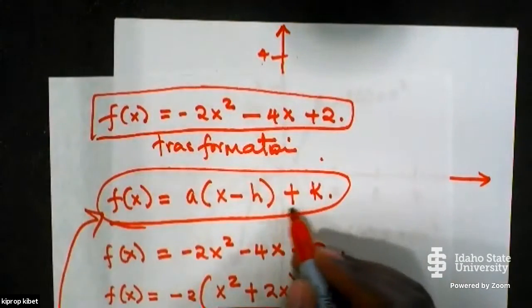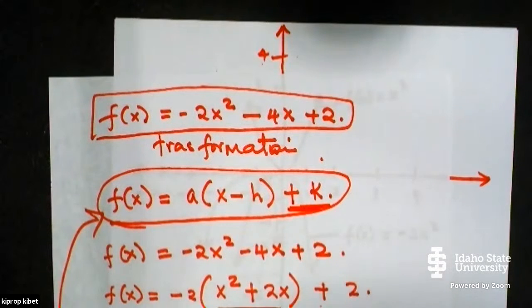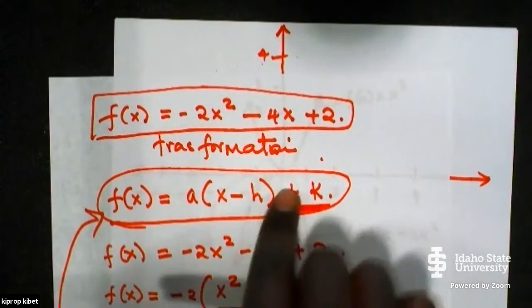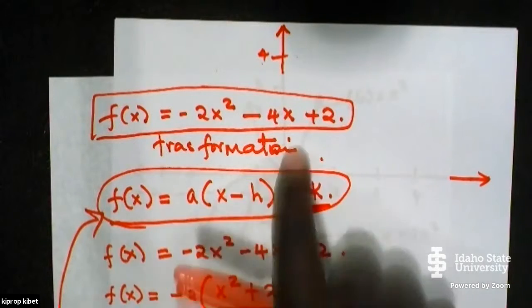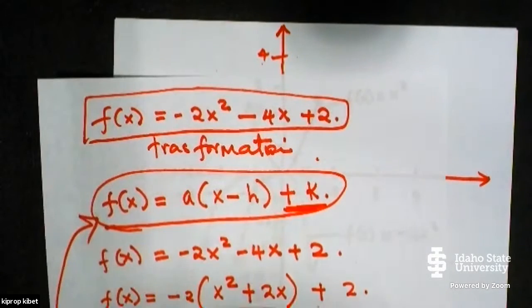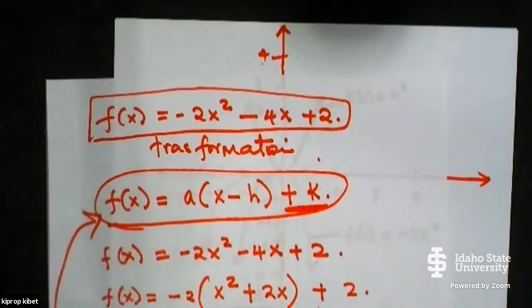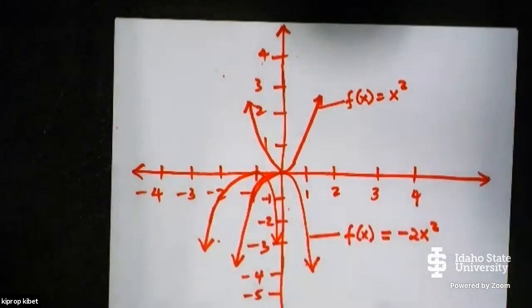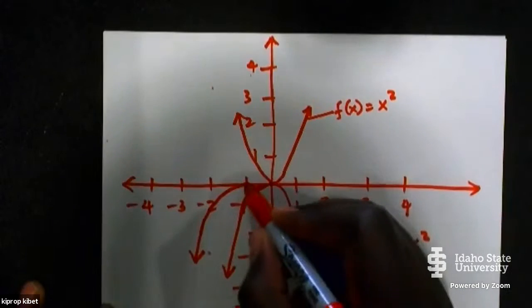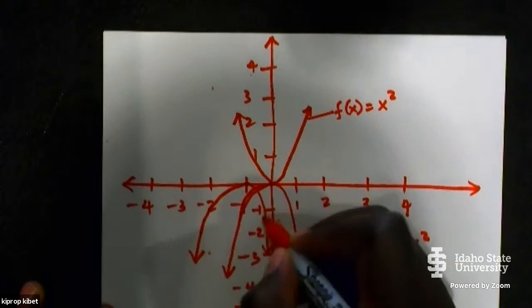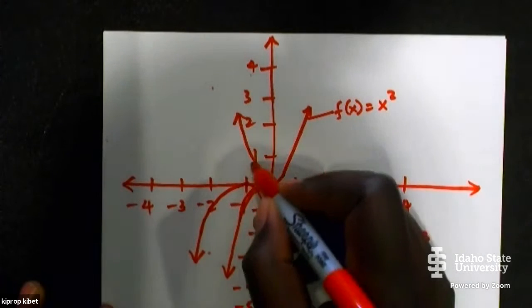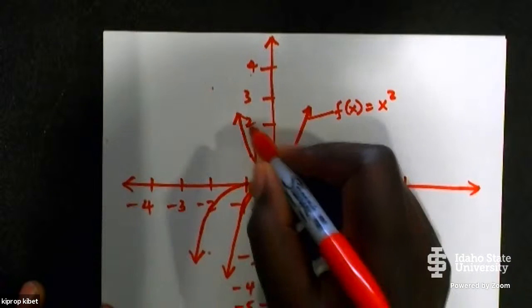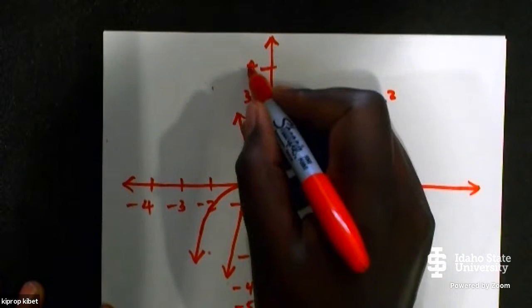Then now we come to k. In our case, k is positive. So if it is positive, then we transform 4 steps up. So this graph again will go 4 steps up, so this is 1, 2, 3, 4.